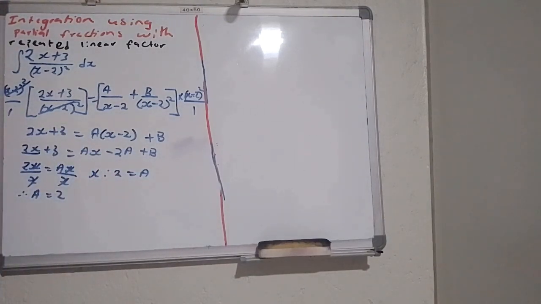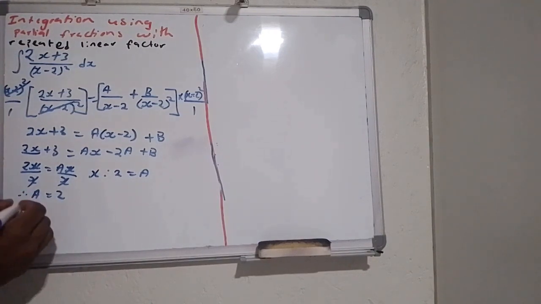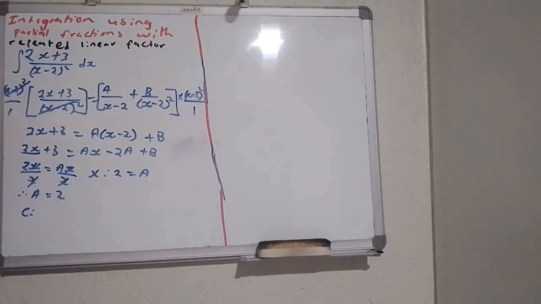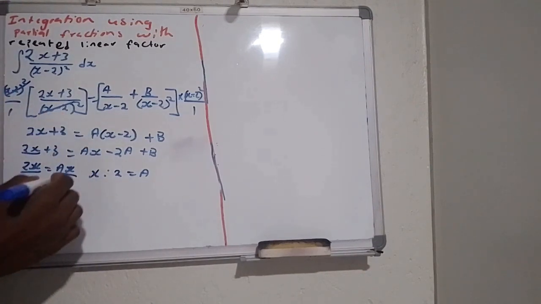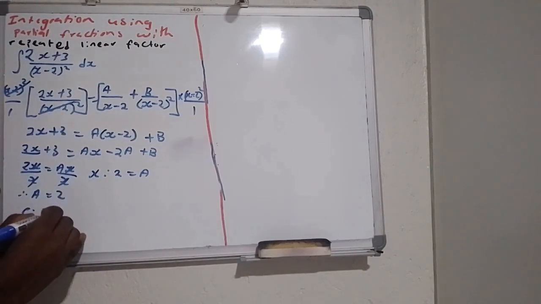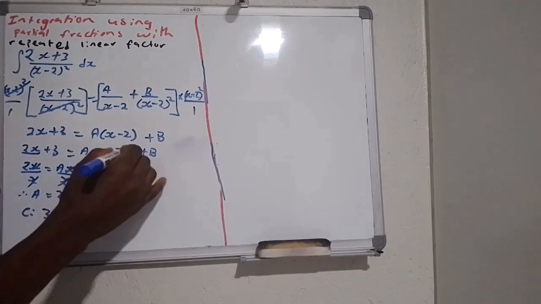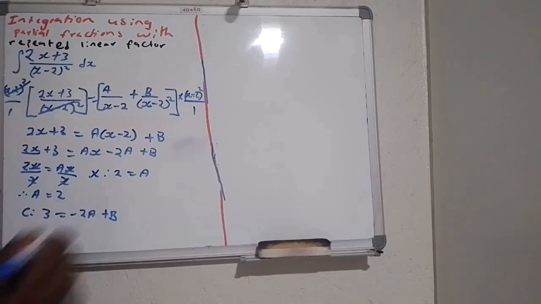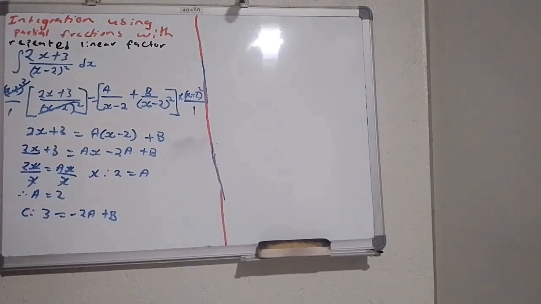Now let's take everything that is a constant, represented by c. It does not have the variable x. So everything that is a constant, what do I have? I have 3, which equals negative 2a plus b. Everything that does not have the value of x.